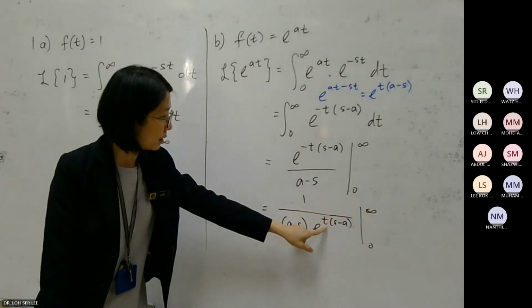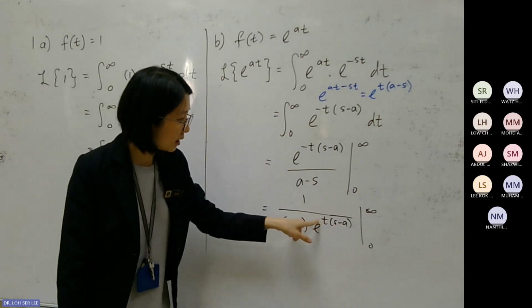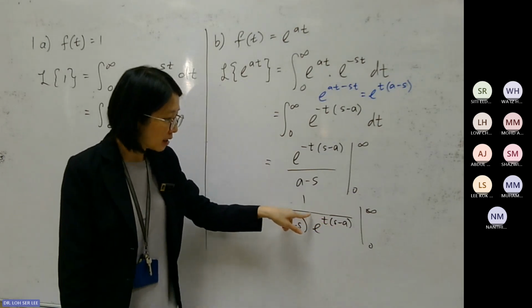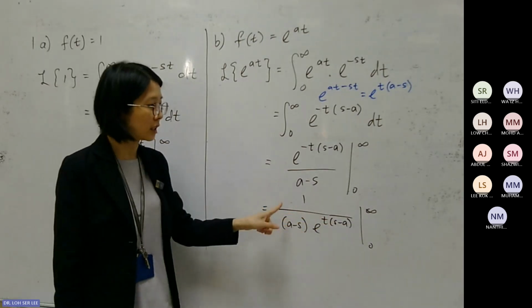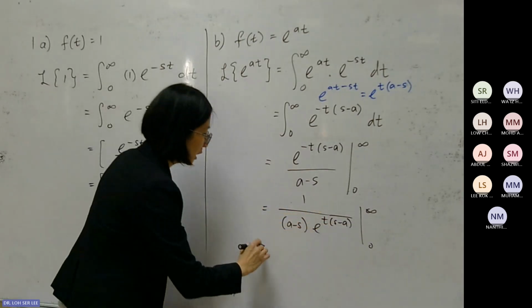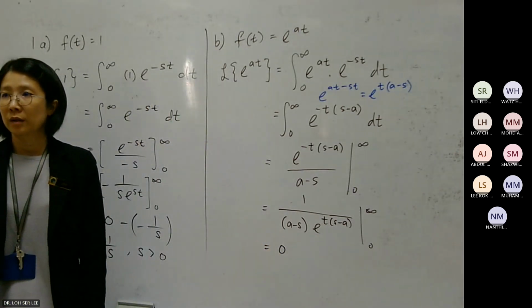Infinity here, e infinity times this, still e infinity. E infinity is infinity. Infinity times anything is also infinity. So 1 over infinity is 0.